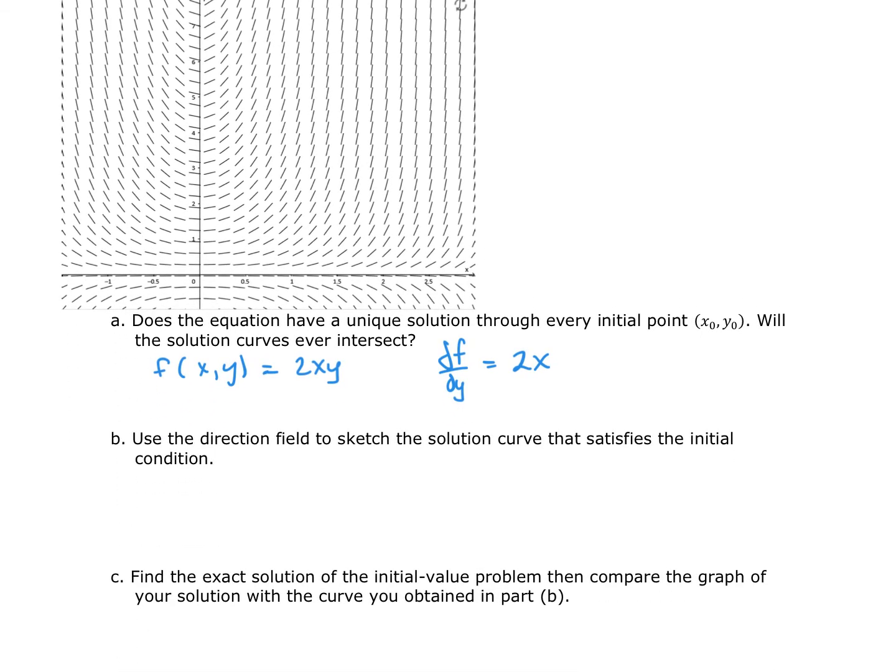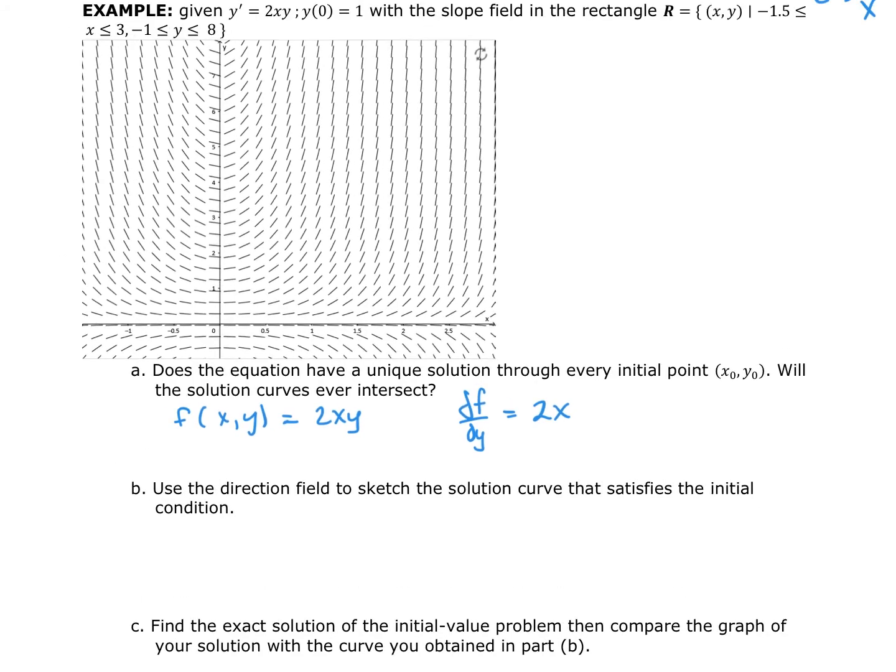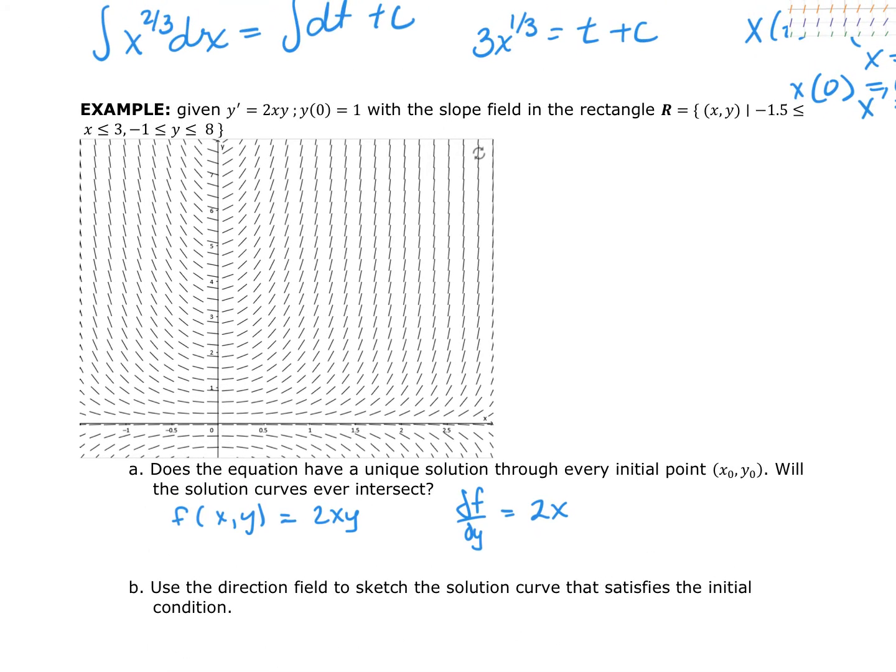Then we're going to use the direction field to sketch the solution curve that satisfies the initial condition. So I go to the point 0 for the x and 1 for the y, which is right here. And then I'm going to follow through with that initial condition by following these slope field lines.